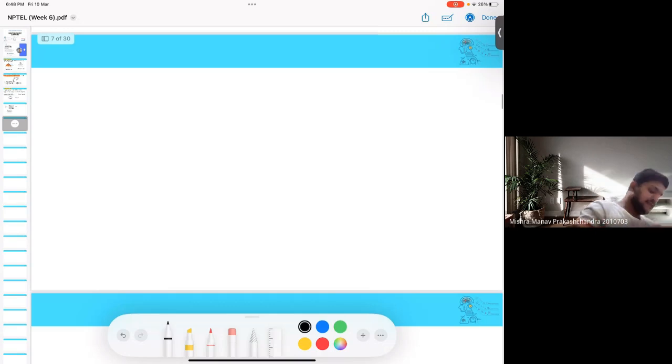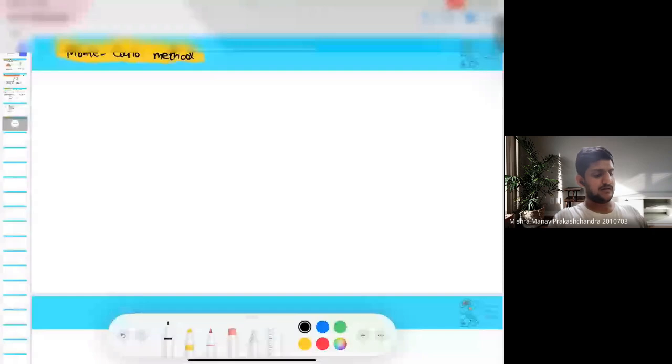Just a second. I think the screen got stuck again. Are you able to see my screen, or is it stuck?